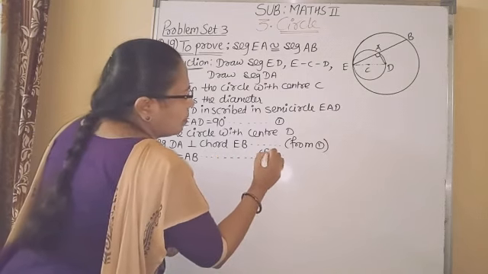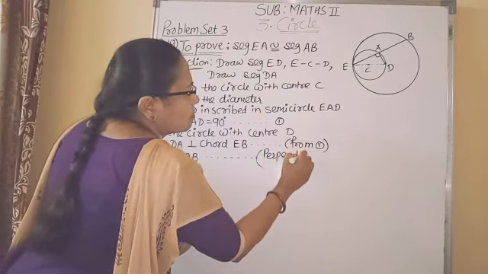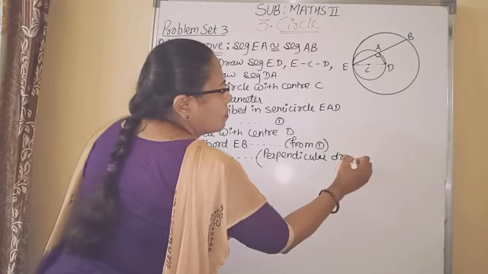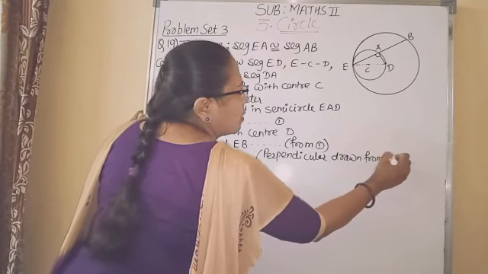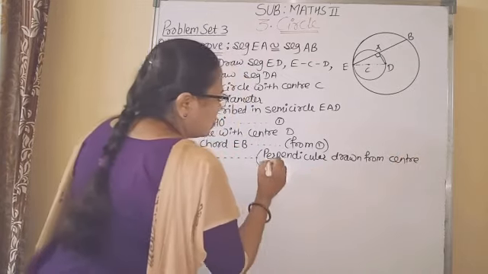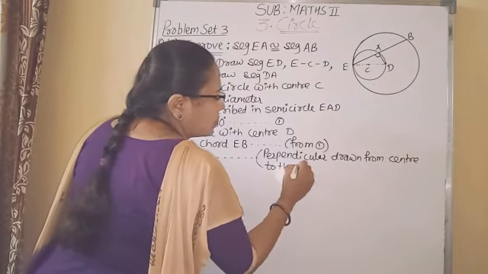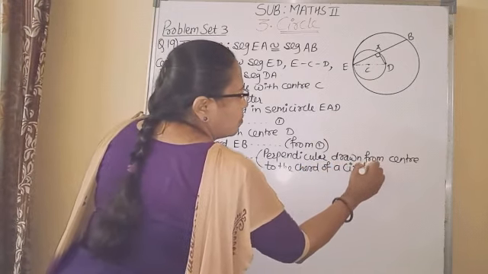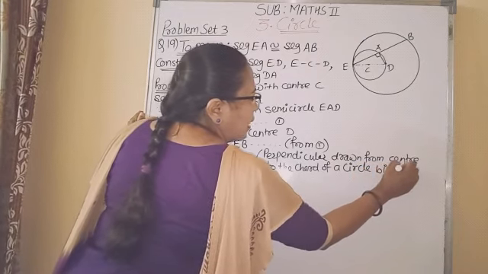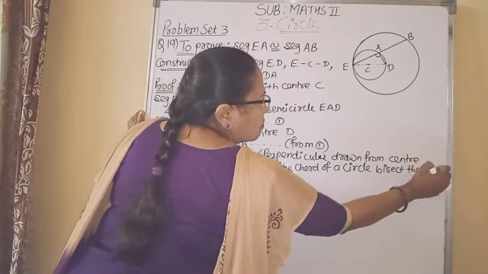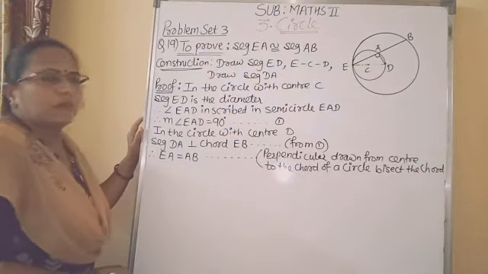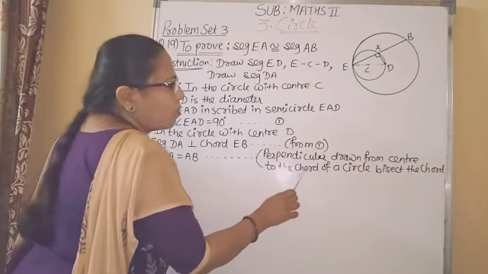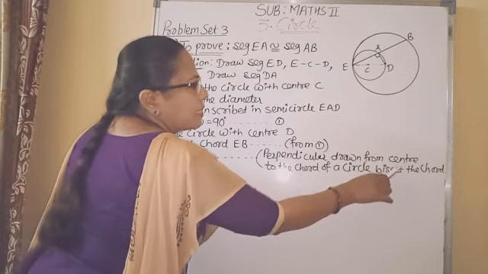Reason: a perpendicular drawn from the center to the chord of a circle bisects the chord.